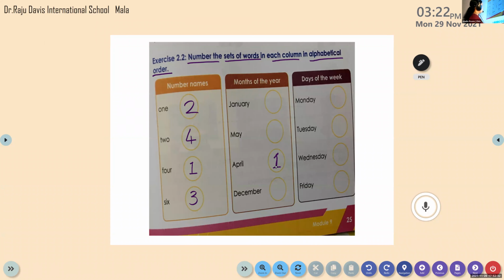Malavika, which one will come at number 2? December. Yes. After A comes D in this particular sequence. Thank you, ma'am. Welcome. Ansel, unmute.